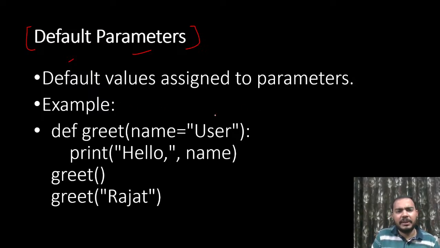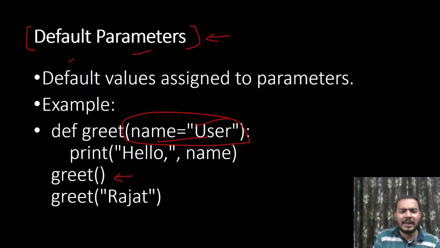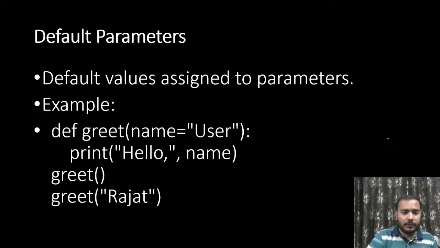In default parameters, the default value for that parameter is already given, which simply means that if the user does not pass any value, the function will automatically get the value from the function's definition, which was written as the default value. Okay, so for example, I had this function greet having this one parameter name, and when I was calling it for the very first time, I have not given any name over here, right?